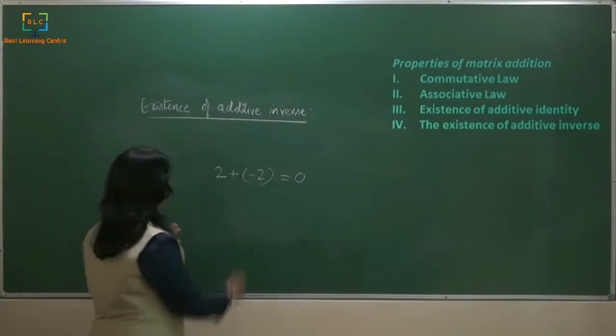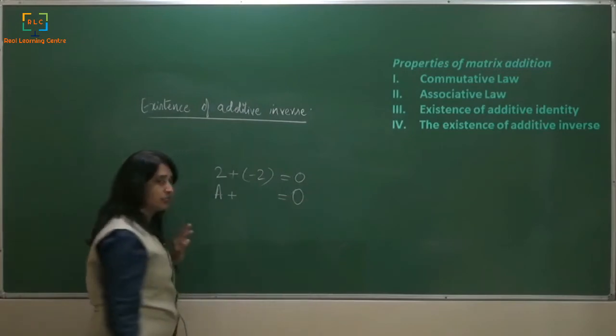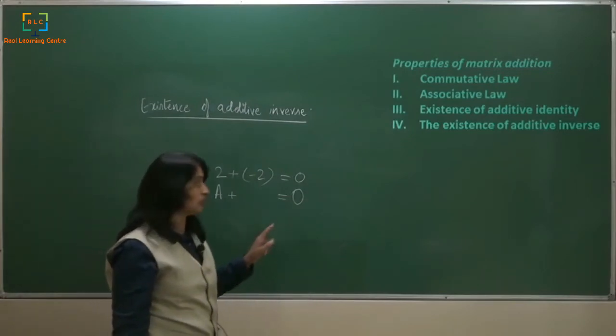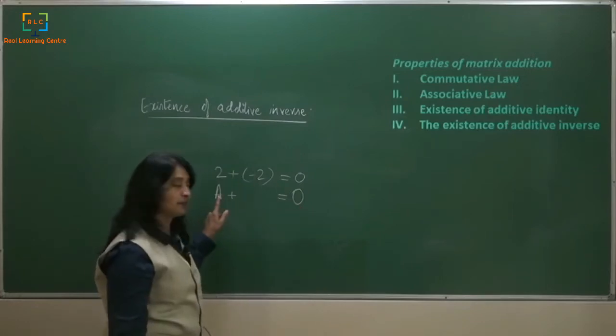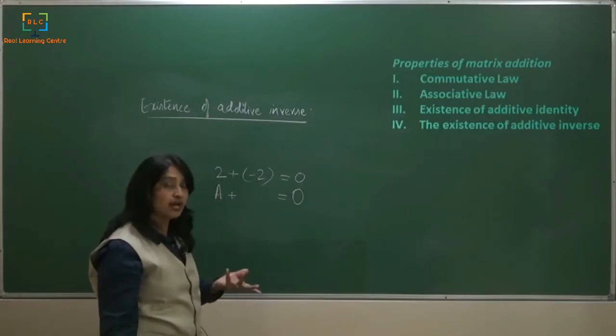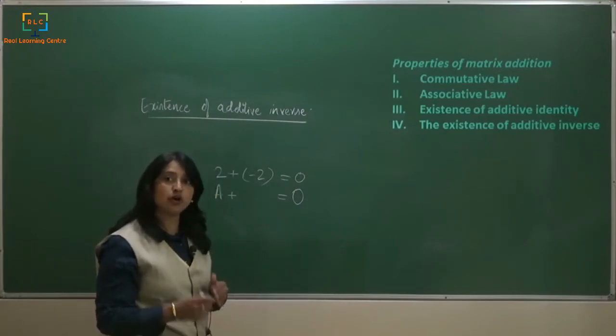Likewise in matrix. Okay, so what matrix should you take with A so that you get 0 matrix? Because 0 matrix just now we saw is the additive identity under addition of matrices. So in matrix chapter, if I take a matrix A, what should you add with this so that you end up getting 0? Of course all the elements with the opposite sign.